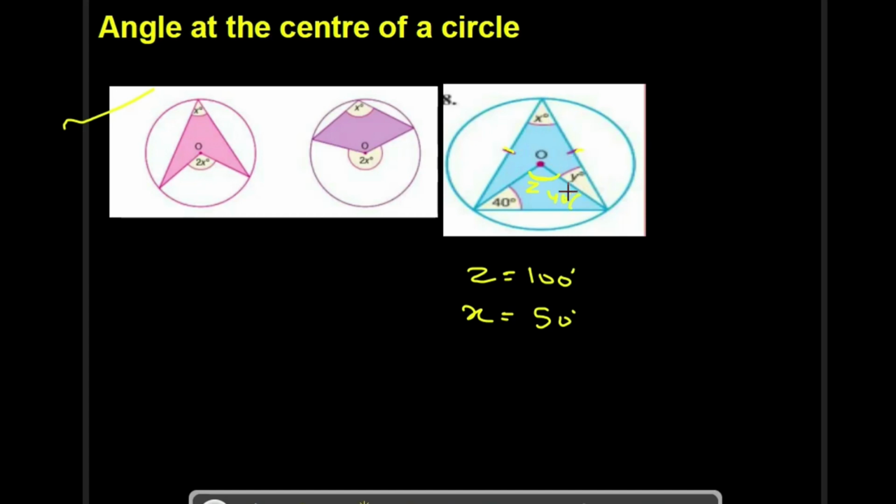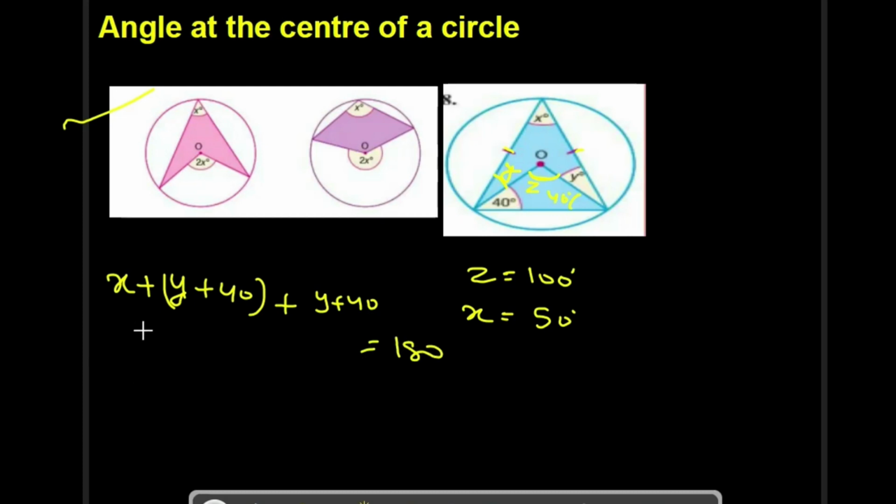Okay, now we know x. Now if you see this and this are equal, that means this angle and this angle are going to be equal. So I am going to write here x, this is going to be x, y plus 40, y plus 40, again y plus 40, because these two angles will be equal, right? If it is 40, 40, this is y, so this is also going to be y.